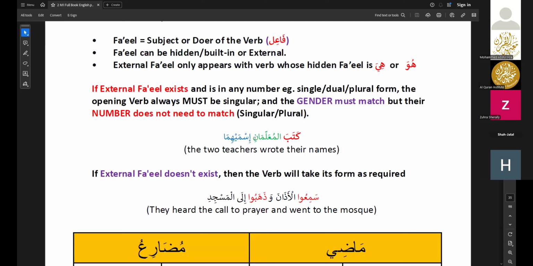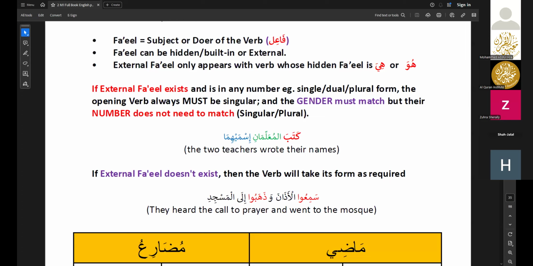In this case, kataba is a huwa form verb. Al-mu'allimane, so mu'allimane here is dual. The dual means two teachers. Kataba is huwa form and mu'allimane is the external fa'il.